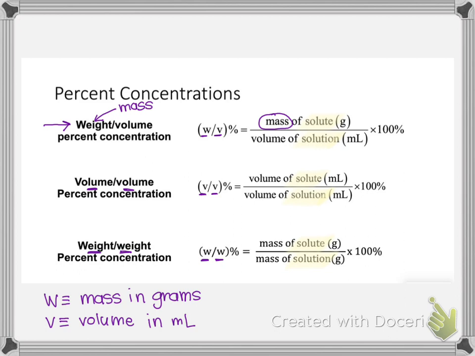So every single time we're comparing how much solute we have in our solution. The only thing that's changing is whether the problem's asking us to compare weight or volume. And the other thing they all have in common is that they're all times 100, because every single one of these is a percent.